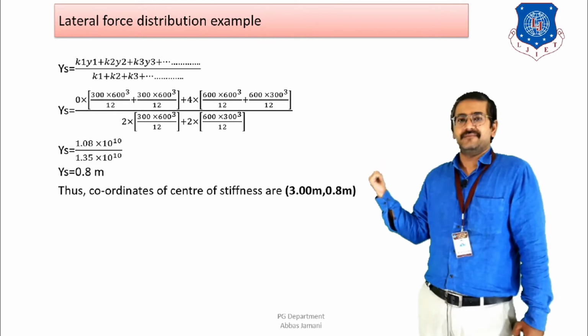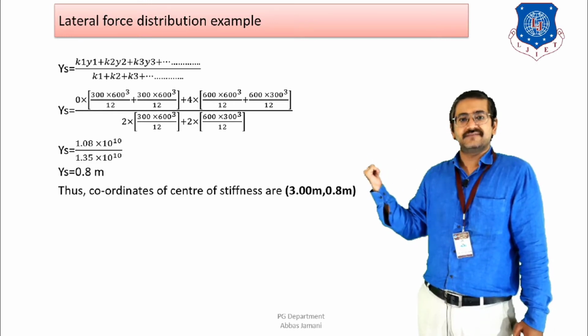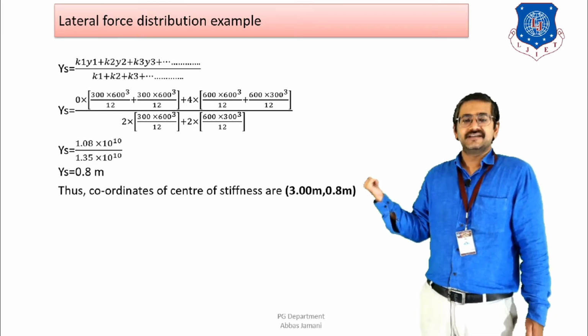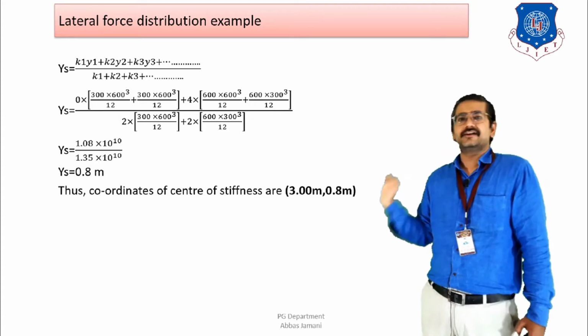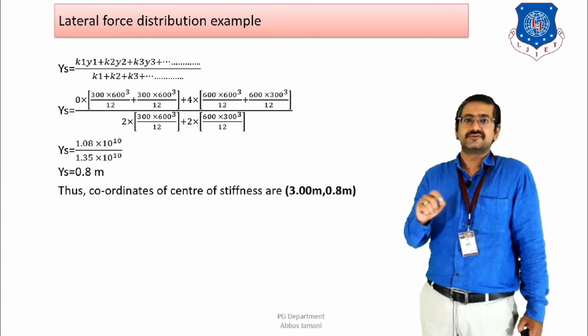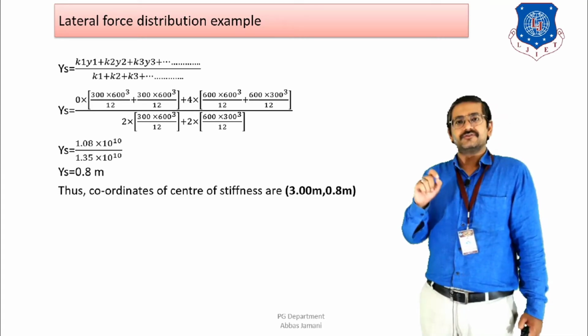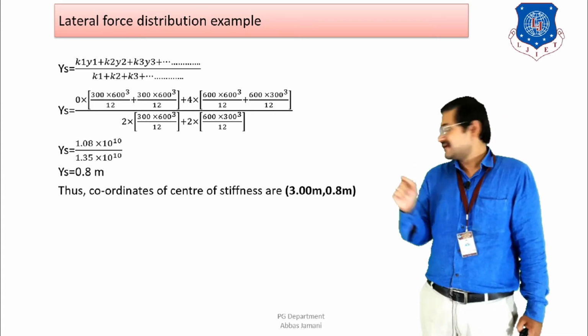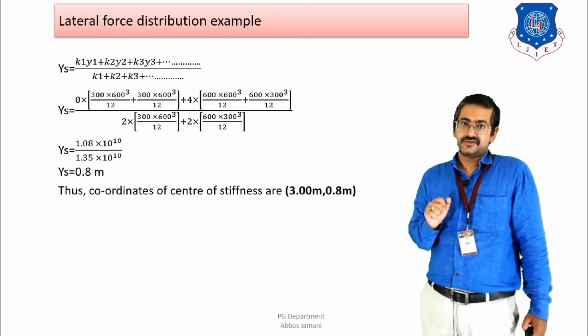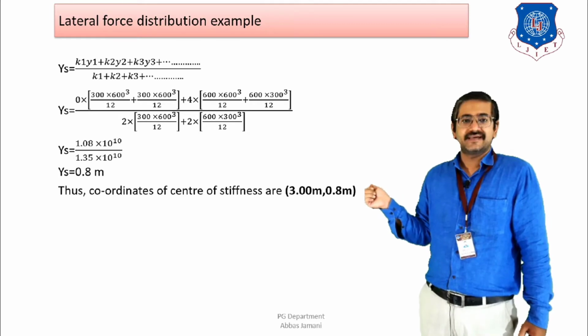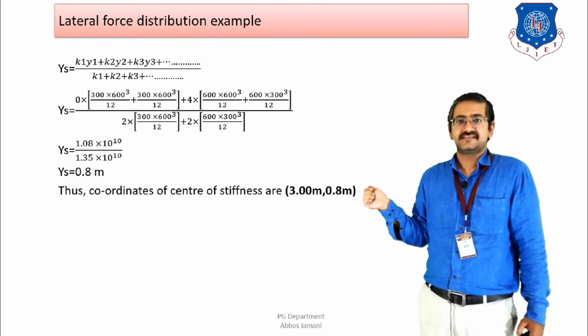So it is multiplied by 4. 4 into, again same thing, 600 into 300 cube divided by 12 and divided by the total stiffness of all the 4 columns, that is 2 into 300 into 600 cube divided by 12 plus 2 into 600 into 300 cube by 12. So when you do this calculation, the value of ys that will be available to you as 0.8.